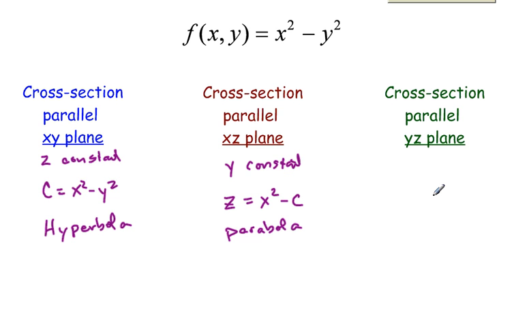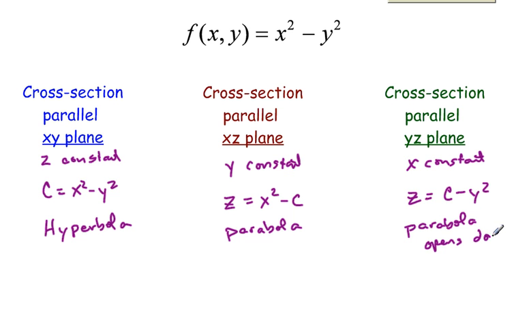It's a constant. And then on this last one, we're going to hold x constant. And this one, we're going to have z equals c minus y squared. And this time we have parabolas again, but they open down. This one is a parabola that opens down, and the other is a parabola that opens up. Now this one's often harder for students to visualize, but what you actually have is a shape that's like a saddle.